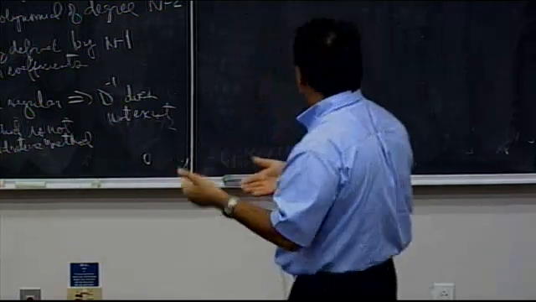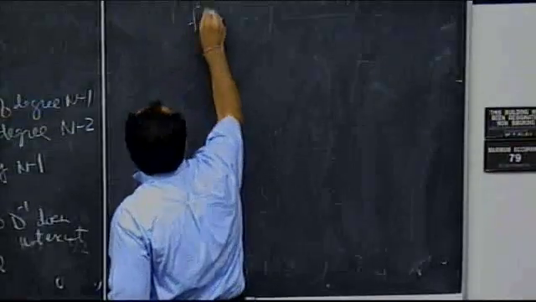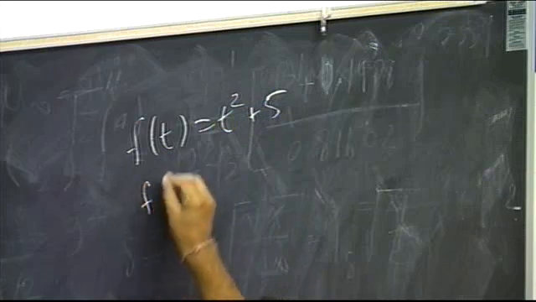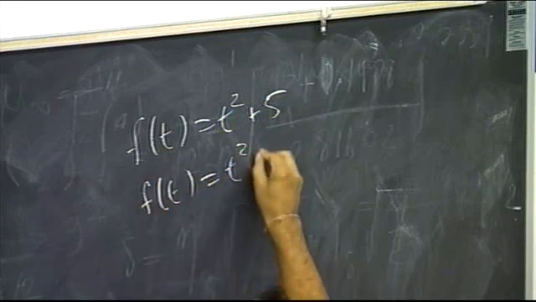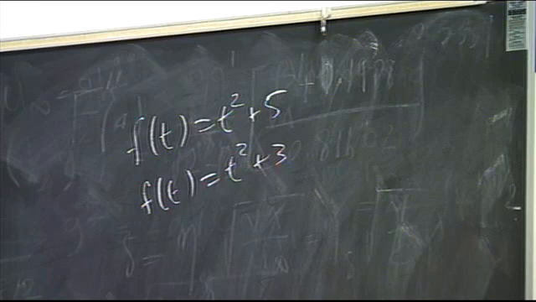Here, I'll give you a hint. Suppose I give you the function f of t equals t squared plus 5, and g of t equals t squared plus 3. Do they have the same derivative? What's the difference between them? They differ by a constant, right? So any two functions, as long as they differ by a constant, will have the same derivative, right?